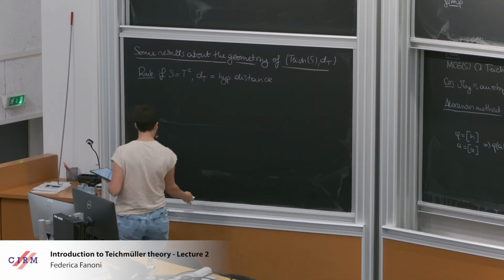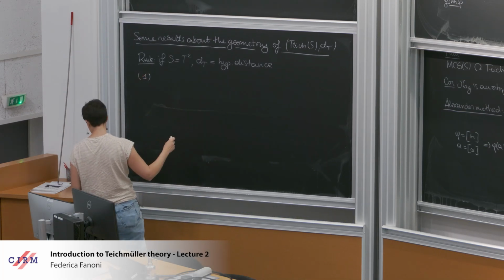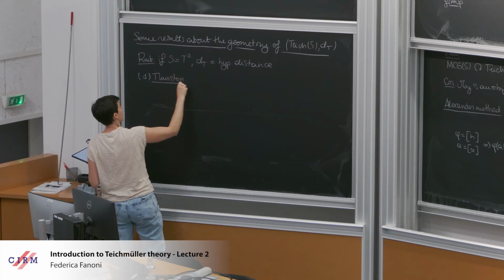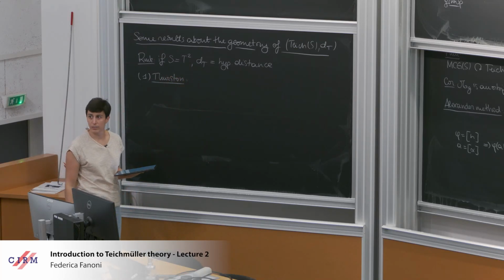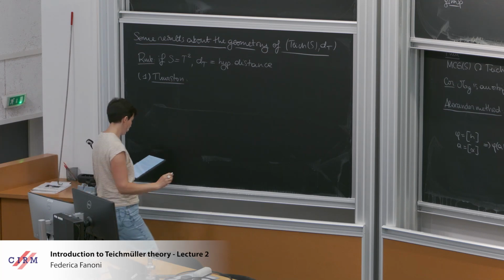And this is a result of Thurston. So the result is the following. First, I'm going to state it a bit vaguely, and then I'll introduce the things to tell you what this result says in detail.